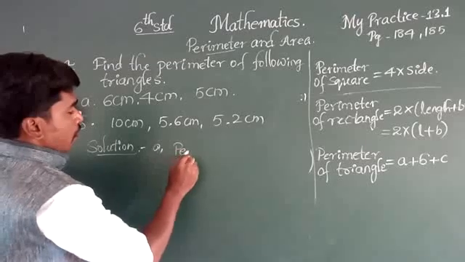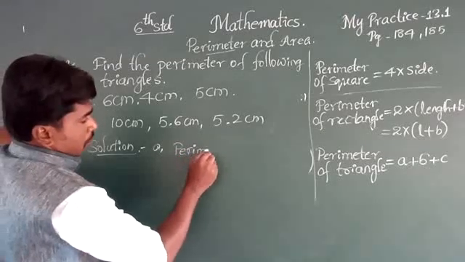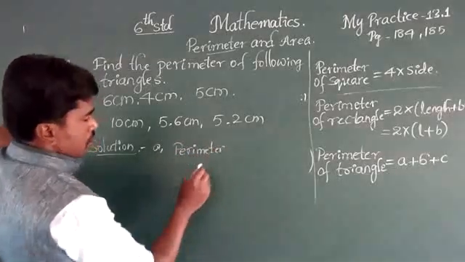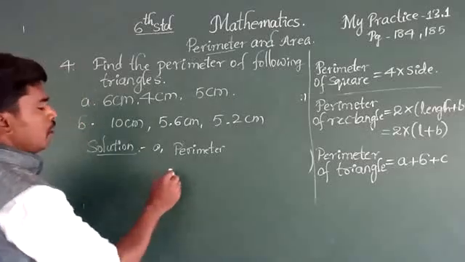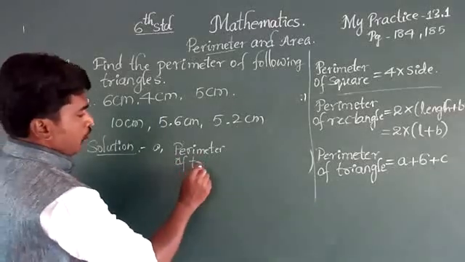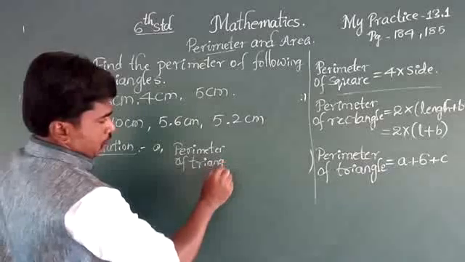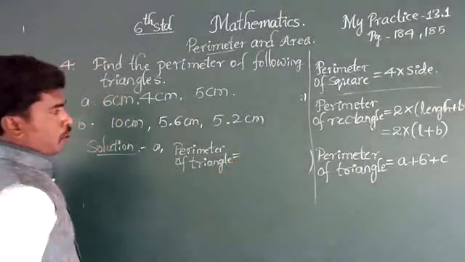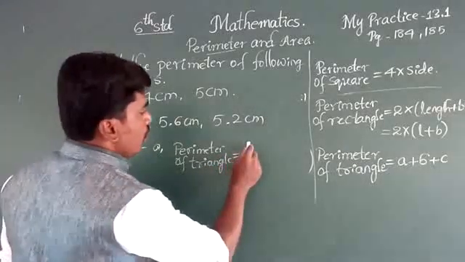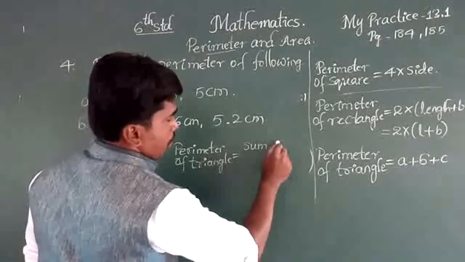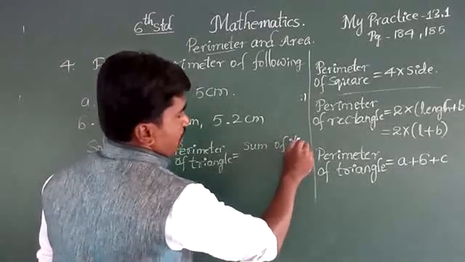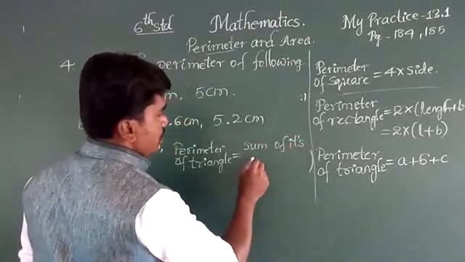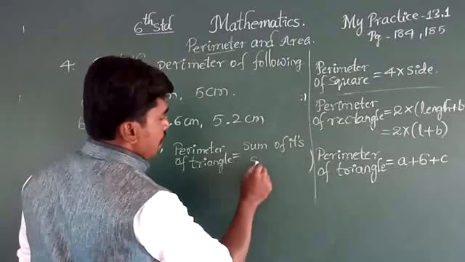Perimeter of a triangle is equal to, what is the perimeter of a triangle? Sum of its sides.